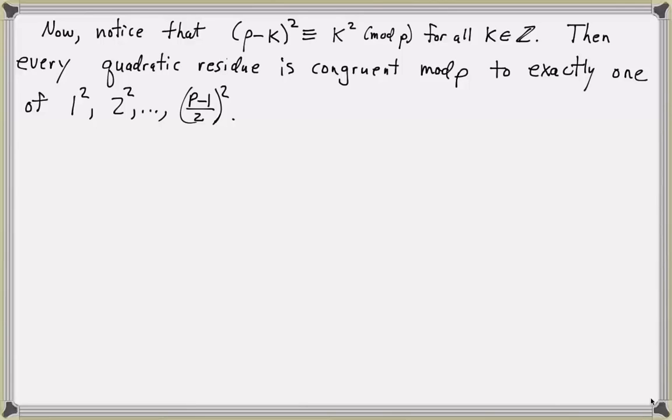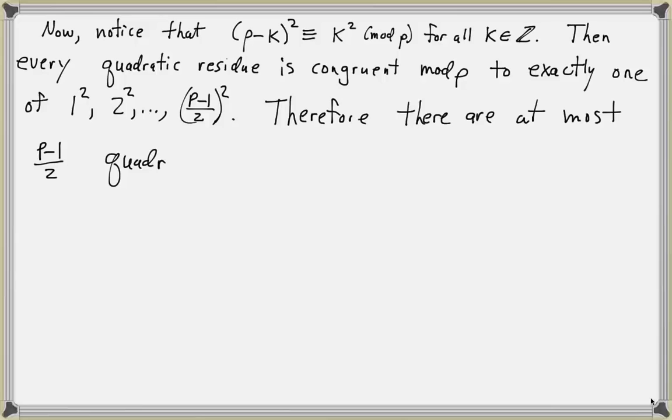Therefore, there can be at most (p minus 1) over 2 quadratic residues. We showed that there are at least (p minus 1) over 2 and at most (p minus 1) over 2 quadratic residues.